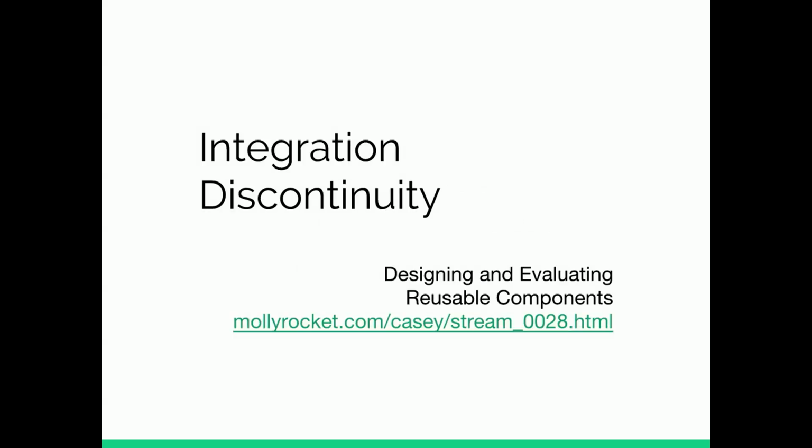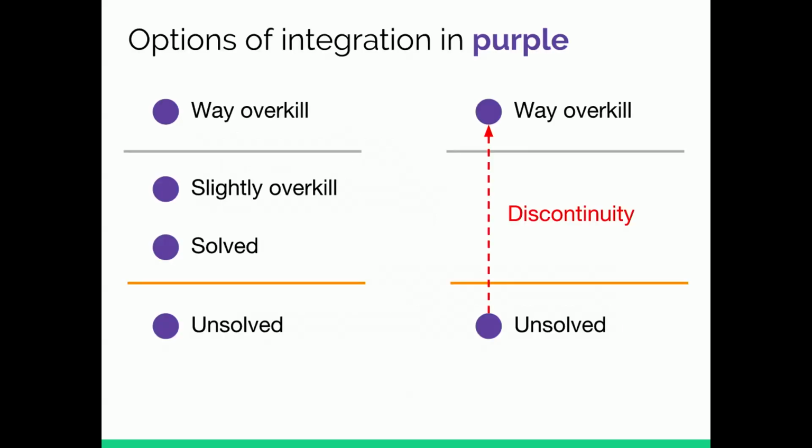And a really good concept related to that is the concept of integration discontinuity, introduced by this talk, Designing and Evaluating Reusable Components. What does that mean? This means that your app, your API, has multiple options of integration. For example, someone may be in an unsolved state, and they have 3 options to integrate with your Django app.